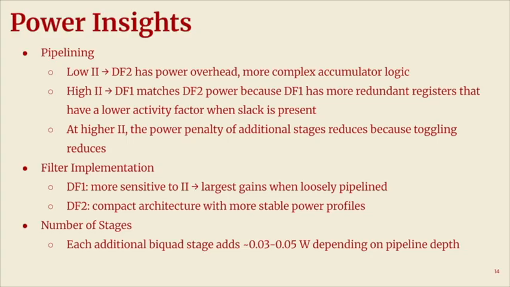In terms of the filter implementation, the Direct Form 1 was more sensitive to changing initiation interval, whereas DF2 had a more compact architecture, so that led to a more stable power profile. And as you increase the number of stages, you'd add about 0.03 to 0.05 watts, obviously depending on what the pipeline and optimization is of that stage. But overall, those were some of the main insights that we saw on each of those axes.